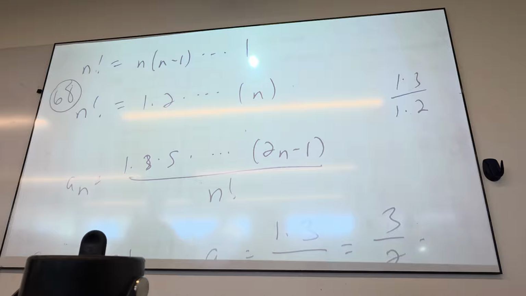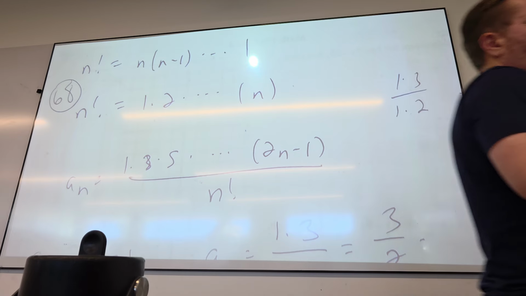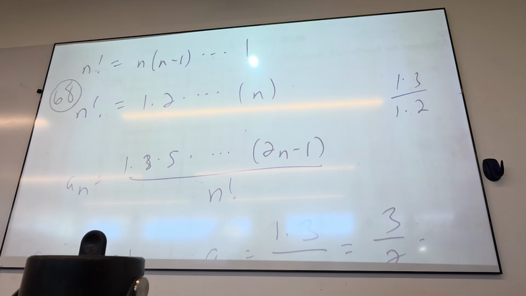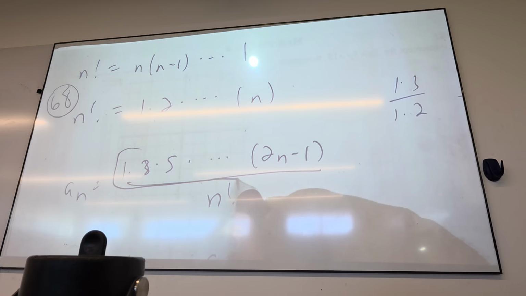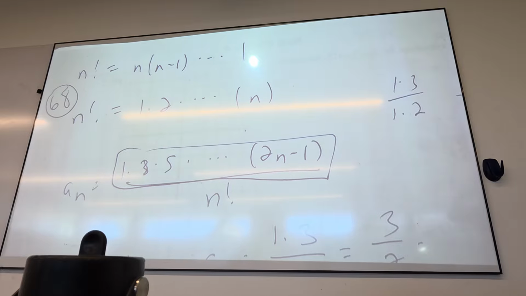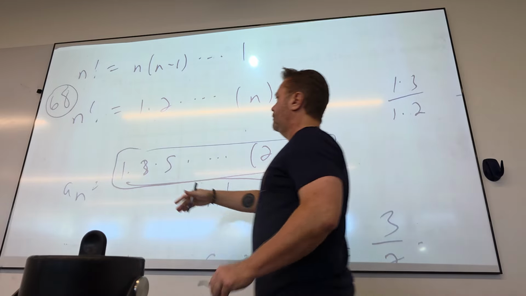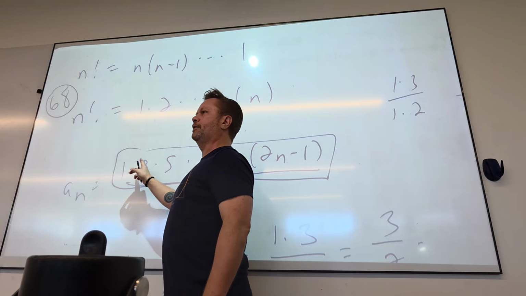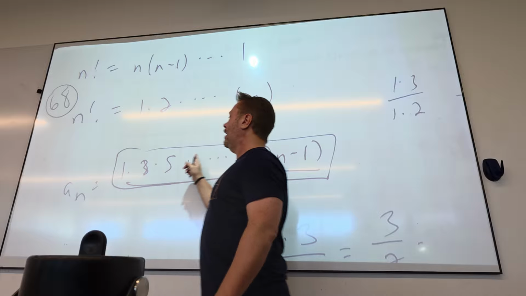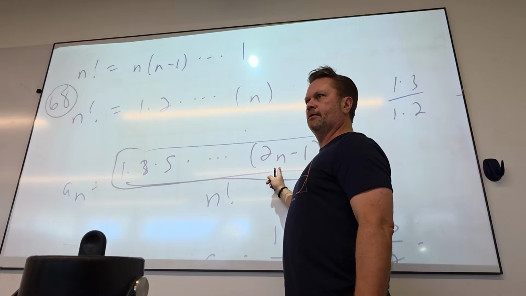Okay, sorry. Yes? I'm kind of confused about the notation, because the 1, 3, and 5, those are just examples of outputs. So when I see this kind of a definition, what that tells me is I multiply a number by 2 above it, by 2 above it, up to this.